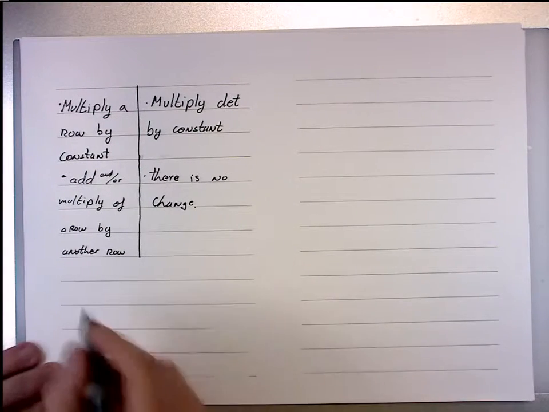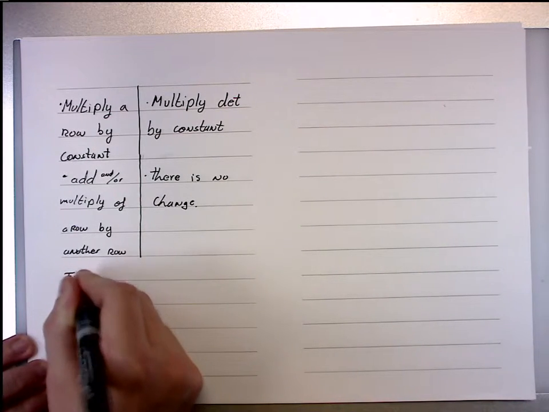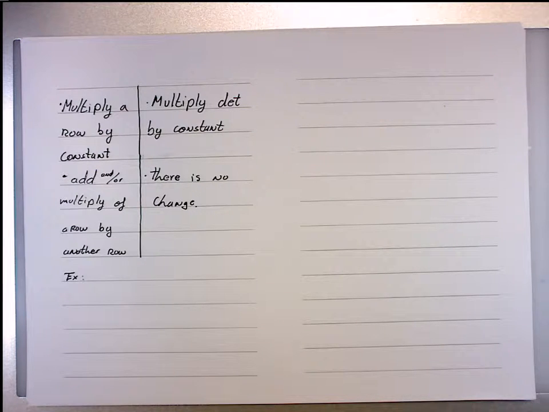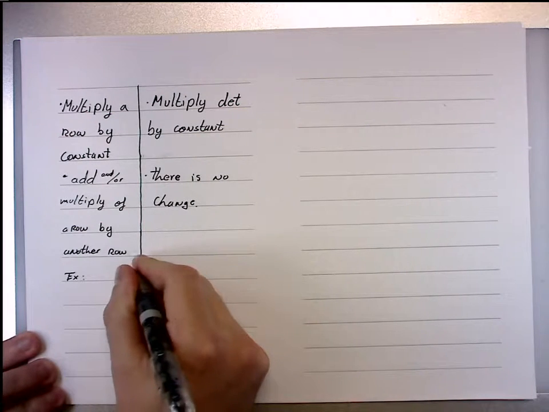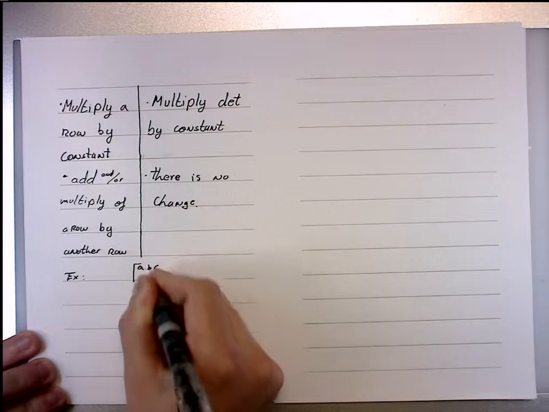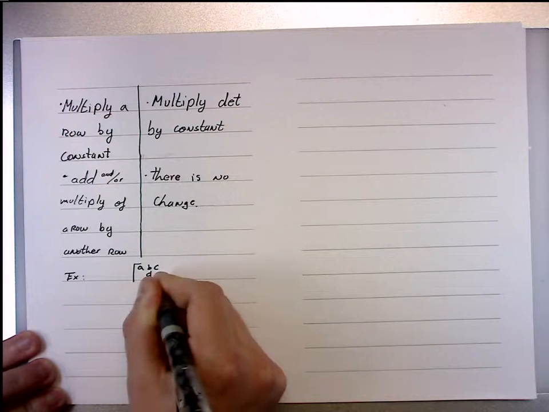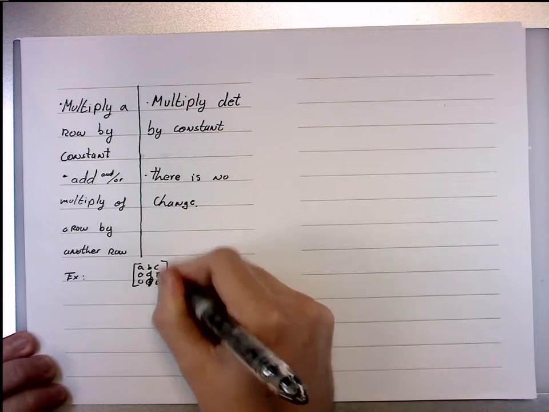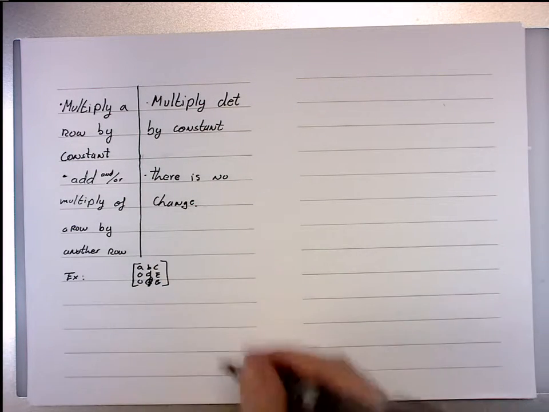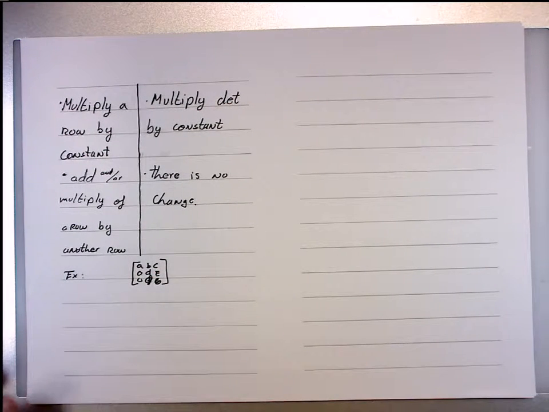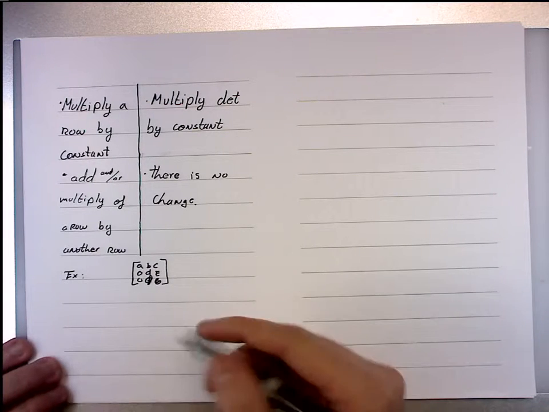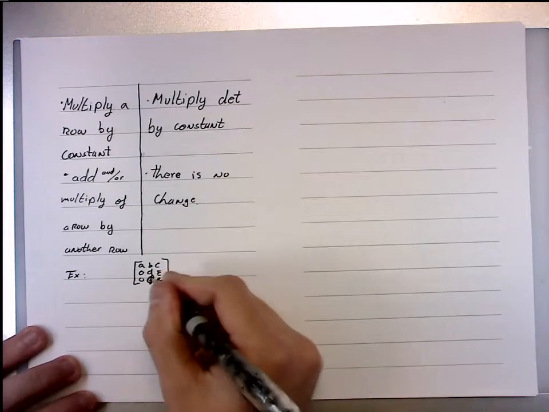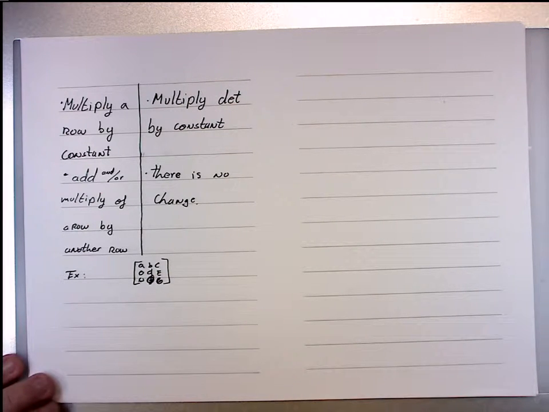Now, how is this useful? If you remember from the class from Patrick, at the end he said that if you have a matrix with A, B, C, D, E, F, G, and 0, 0, 0 below the diagonal, your determinant is going to be just A, D, and G. So as long as you have a triangular matrix and can get these three numbers to be 0, you can get the determinant easier.